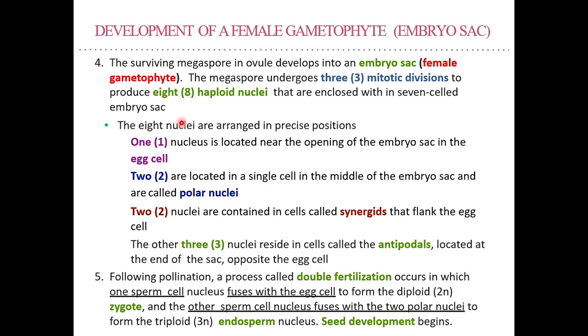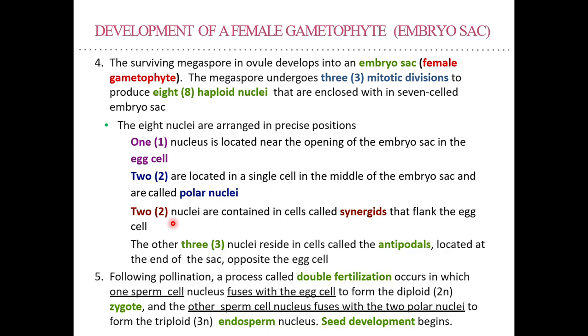One of the nuclei is located near the opening of the embryo sac, in the egg cell. 2 are located in a single cell in the middle of the embryo sac, which are called polar nuclei. Another 2 nuclei are contained in cells called synergids. So these 2 cells flank the egg cell.